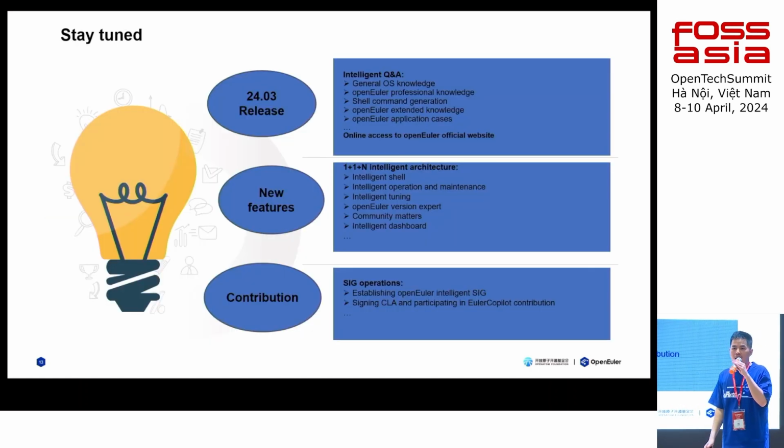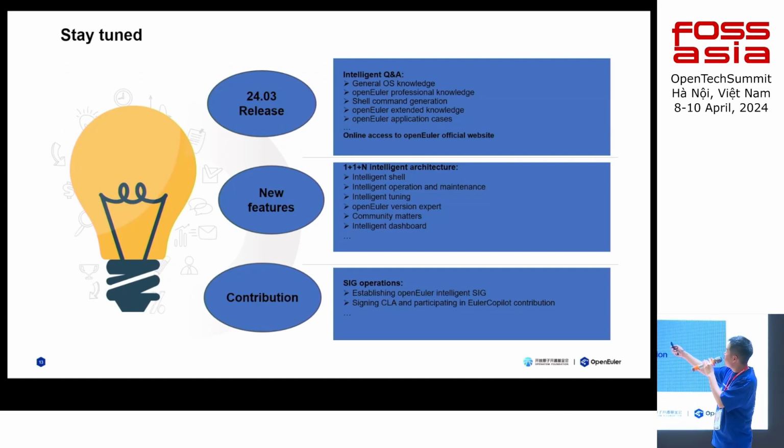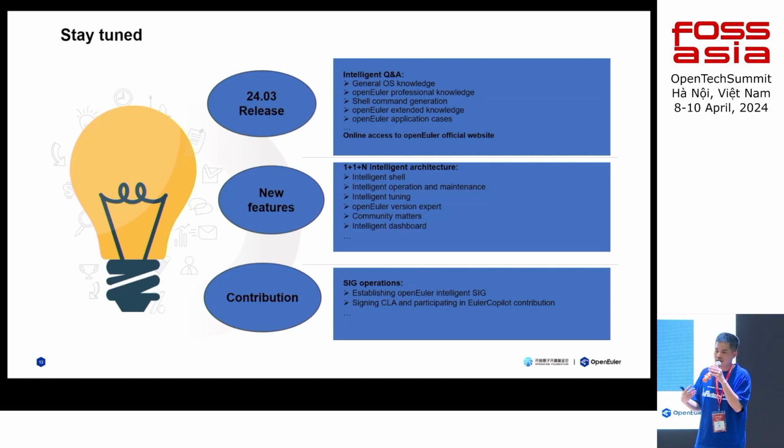Okay, our journey here is not the end. It's just the beginning. In our 24.03 release, we will release the intelligent Q&A service here. So welcome all of you to visit the official openEuler website, or follow our official account to learn more.